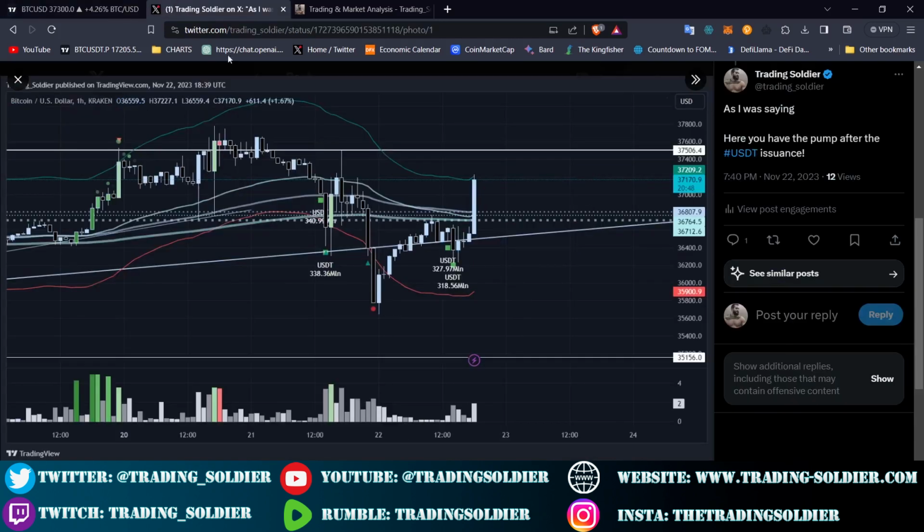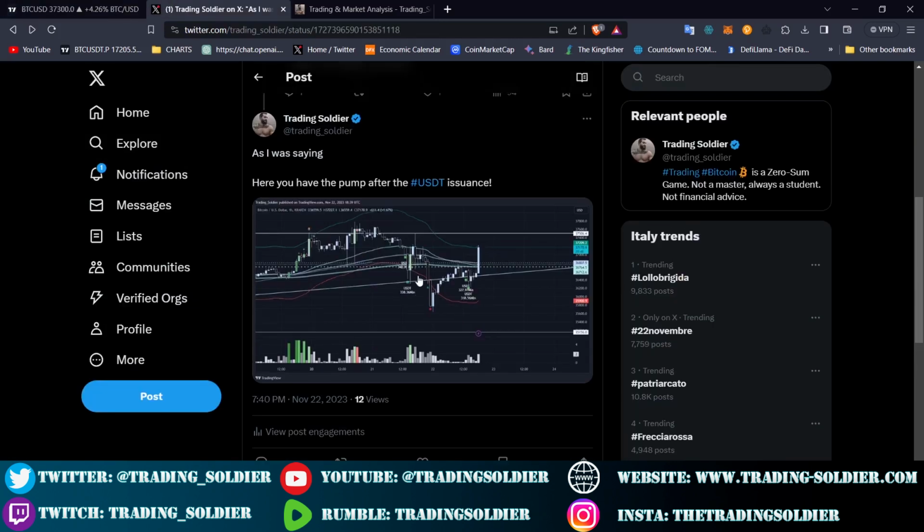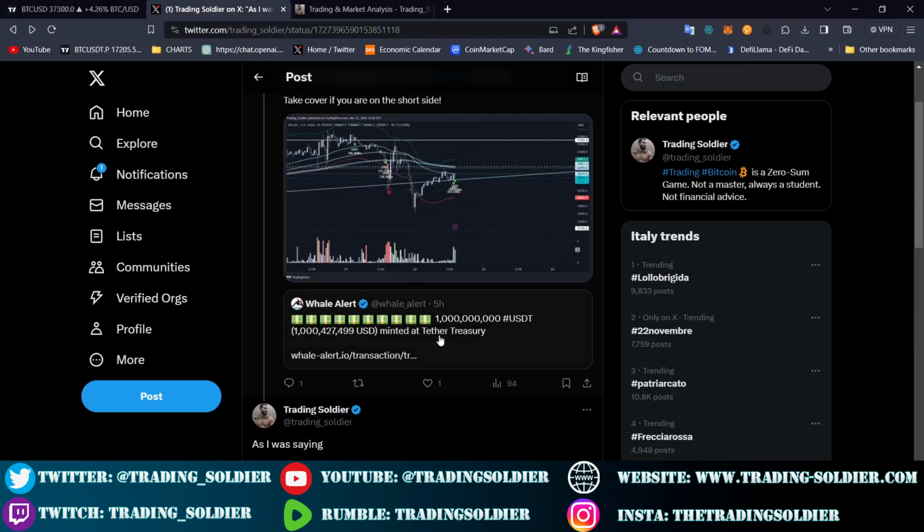As we can see here, when Whale Alert or Paolo Ardoino tell that a billion of USDT is being minted or produced in the Tether treasury, this is when the transaction is authorized, but not when it's issued or injected into the market.